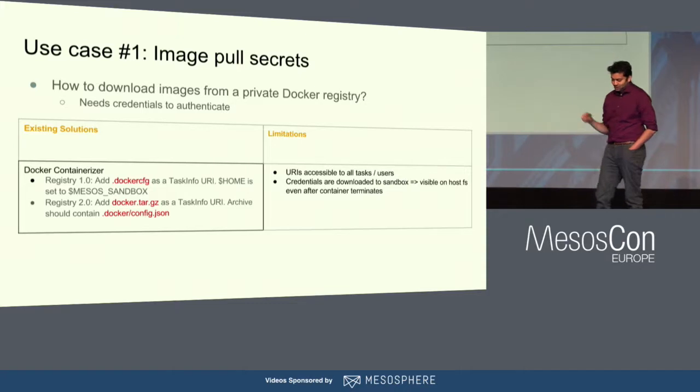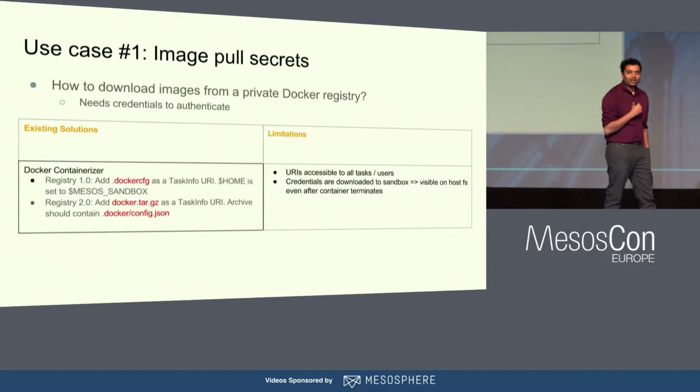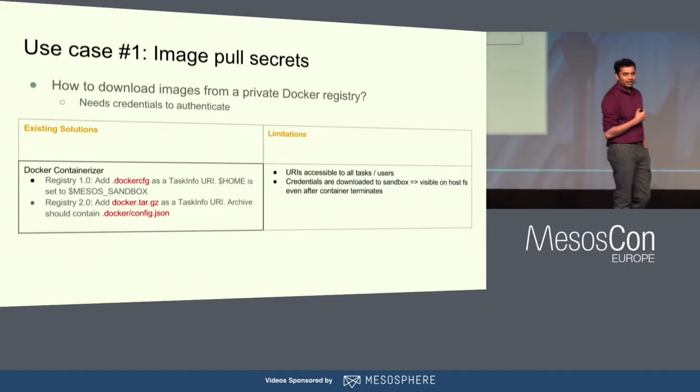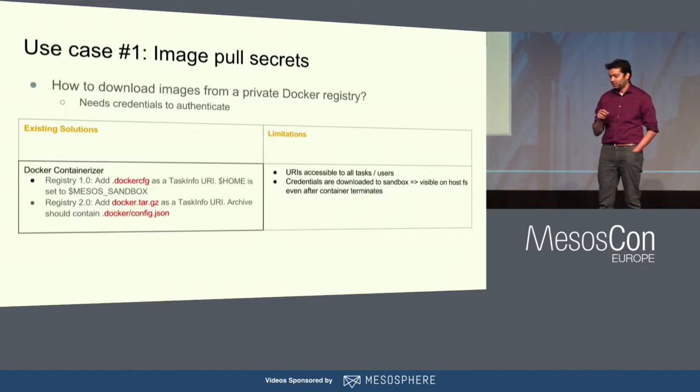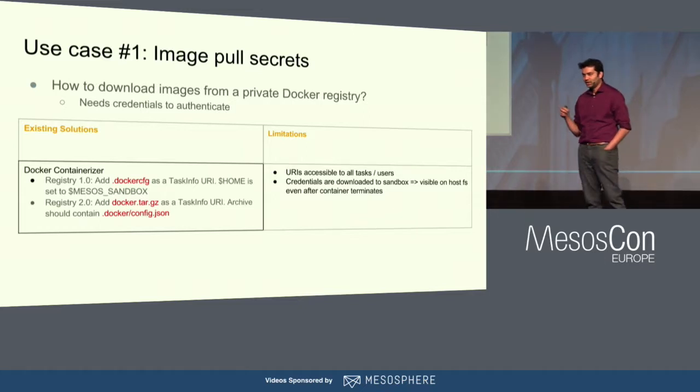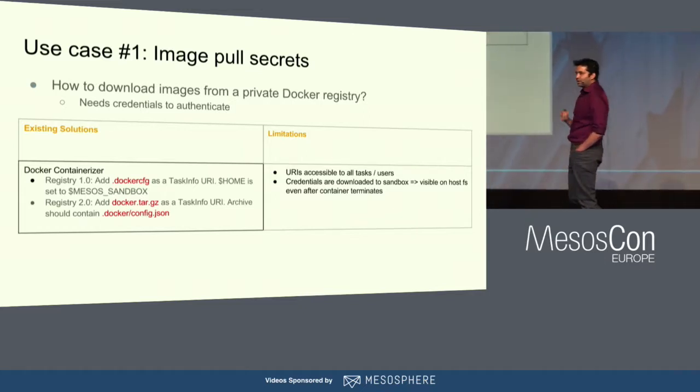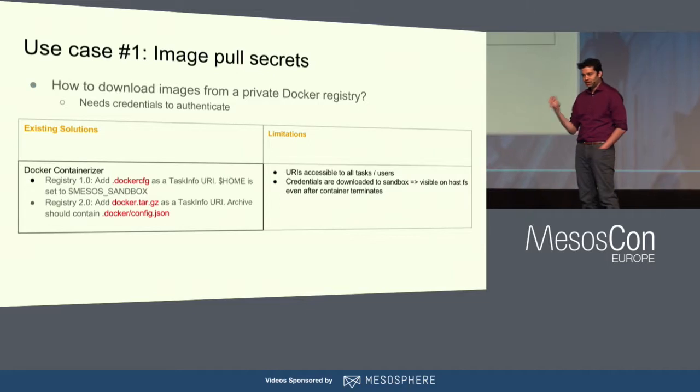For example, if you have a URI that ends with -docker config, the Mesos containerizer knows that this particular URI corresponds to Docker credentials, so it downloads them, puts them in the Mesos sandbox, and sets the $HOME variable to this, so that when Docker comes up and tries to do a pull, it gets the credentials based on this information.